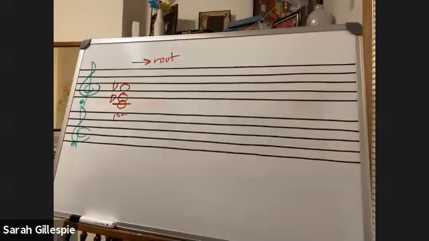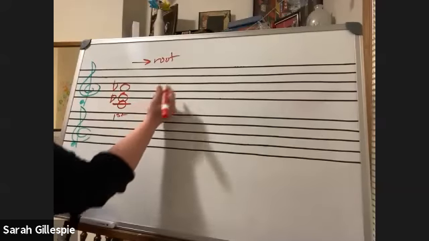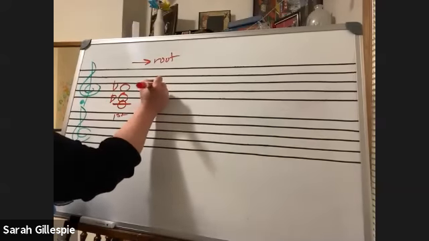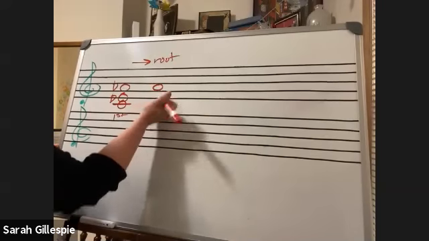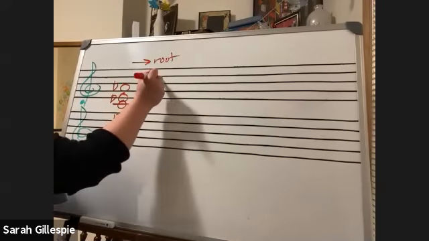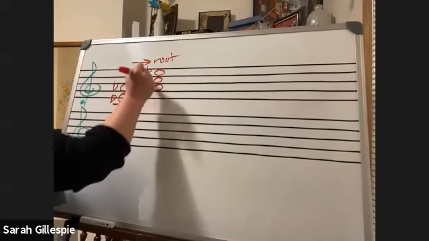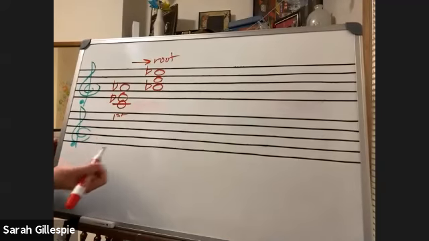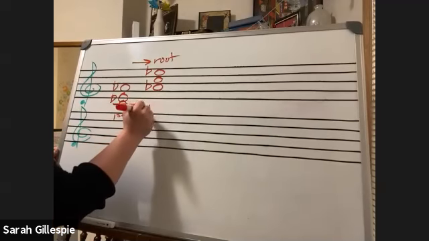I couldn't hear you. What's the root? A flat. Yeah, it's A flat. So let's write it here just because it's easier to see. I could write it way down here, but A flat is the root. And then you would take your C and your E flat, and you would stack those like that. So now the root is an A flat.